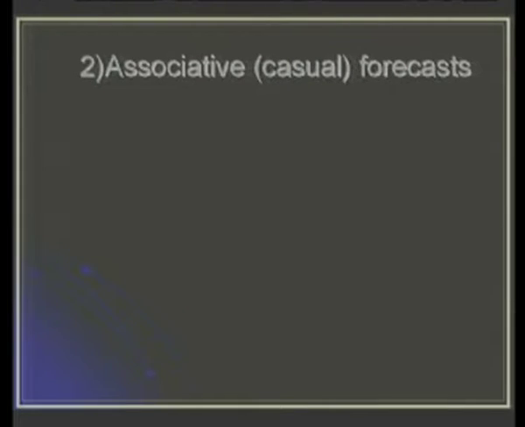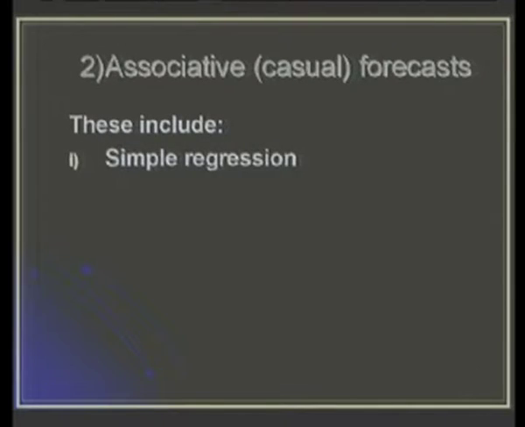Then we also have associative forecast, which includes some of these factors. There's simple regression. If you would recollect that in our earlier discussion, we have had a discussion on methodology, where we were also talking about the possibility of having the various types of analysis, including the regression analysis and multivariate analysis.